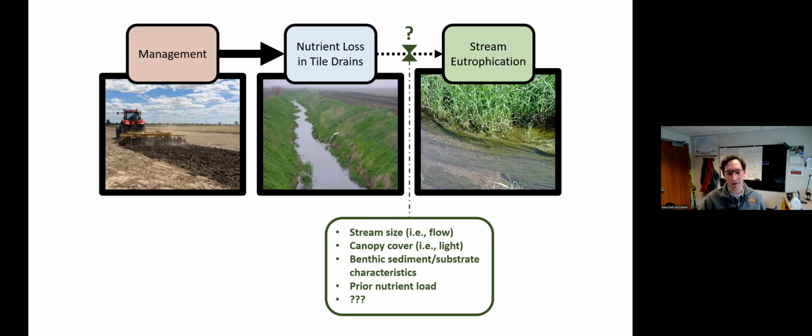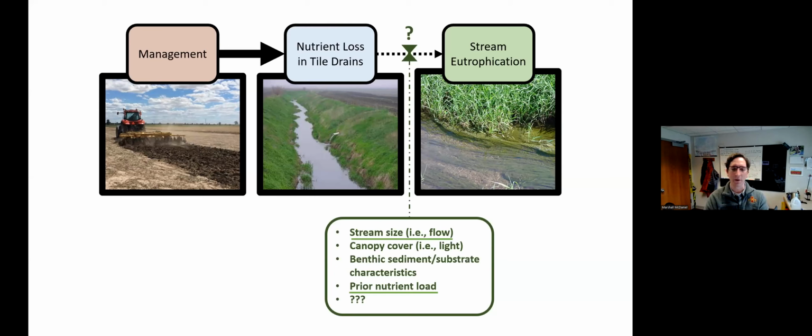And that makes eutrophication all the more easy to happen if you have a light source into that stream. This is what I did my master's on, the benthic sediment or the substrate as well. That all affects eutrophication dynamics, prior nutrient load, and a host of other factors that I'm not going to go into. But I am going to focus on the stream size and flow because that pertains to the study I'm going to talk to you about today, and also prior nutrient load. And this is one that hasn't gotten a lot of attention.